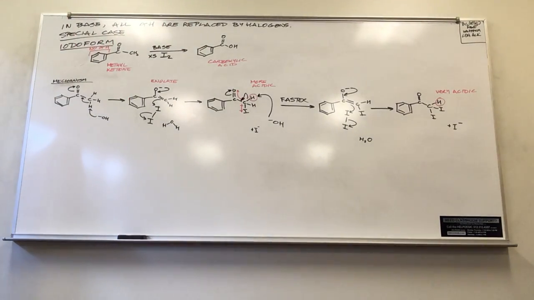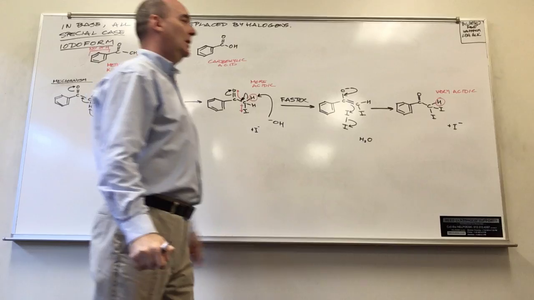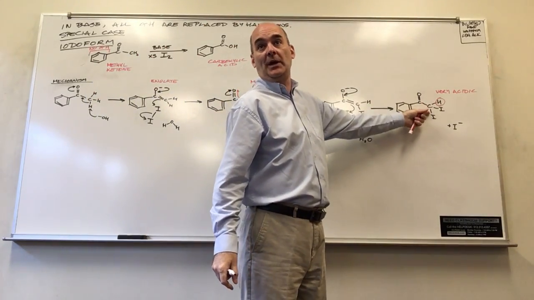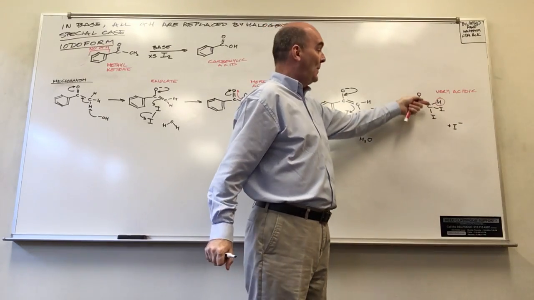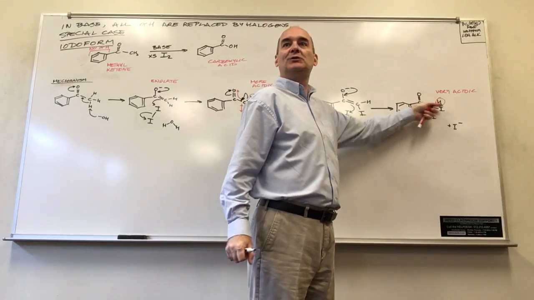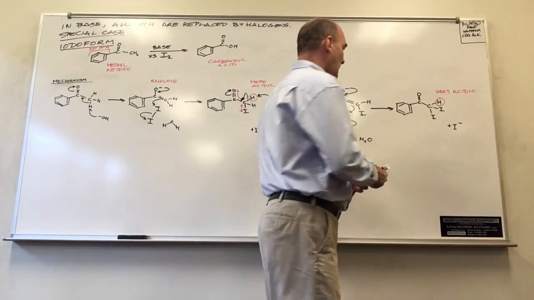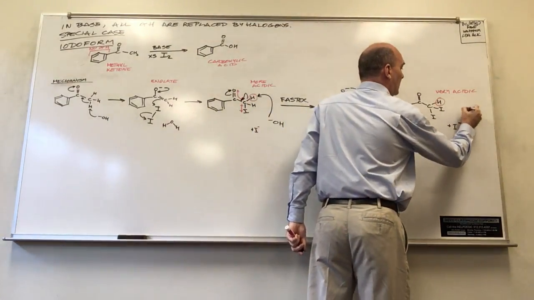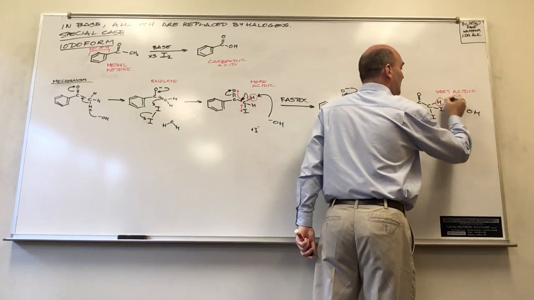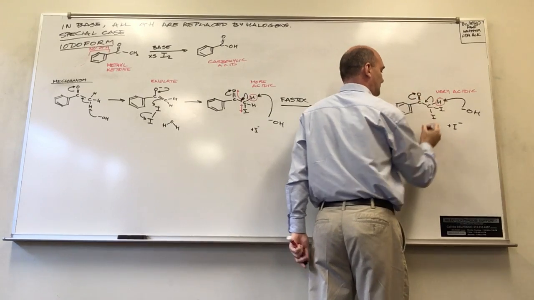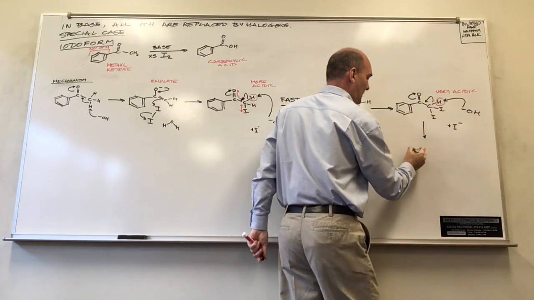It's the remaining alpha hydrogen on a carbon that is feeling electron withdrawal by resonance up into the carbonyl and by induction down into two separate halogens. So along comes another equivalent of base. Makes the enolate again.